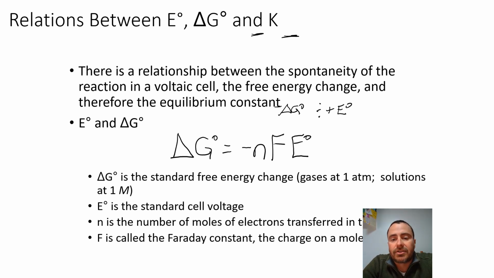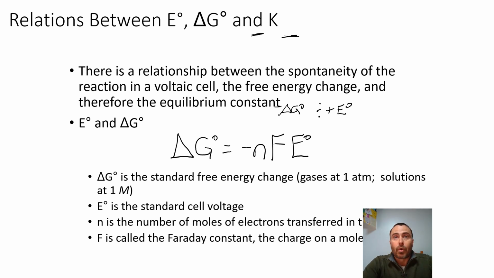Remember, it's standard conditions, so all of our gases are 1 atmosphere and our solutions are 1 molar, just like we're used to. Our E naught is the standard cell voltage, that we can calculate one way or the other as well. Probably one of the most difficult things is the N there. That is the number of moles of electrons that are transferred during the reaction.